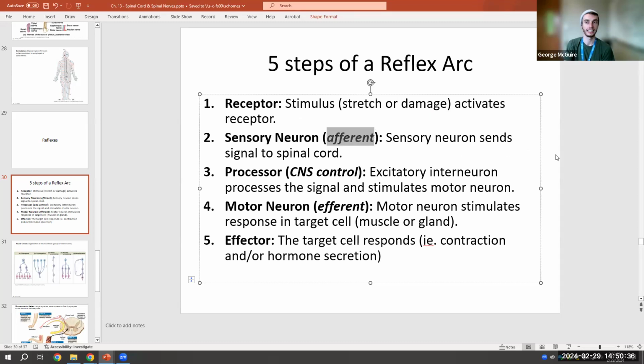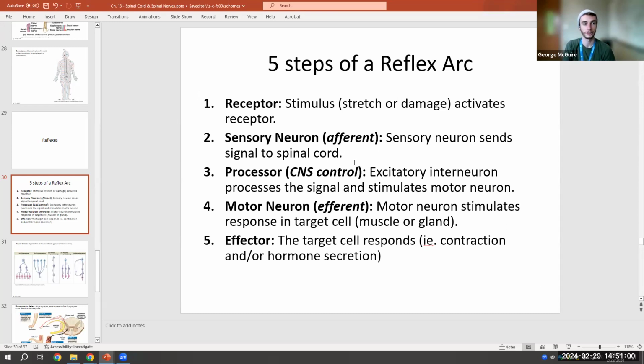Anything that is sensory is going to be afferent, think affect. To affect something with an A is the verb, you are affecting something. To effect something with an E, that is the response, that is the noun. So our sensory neuron is sending the sensation to the spinal cord.